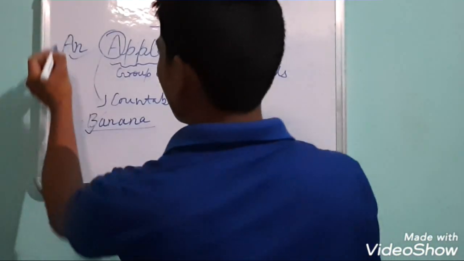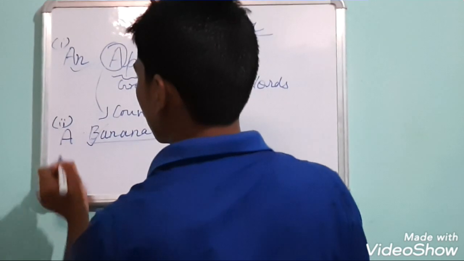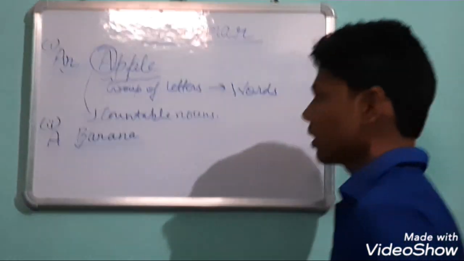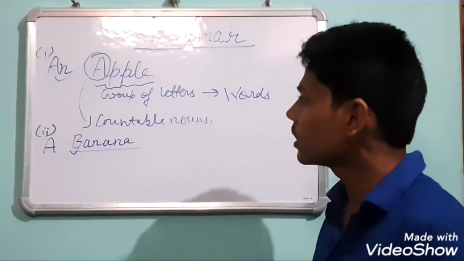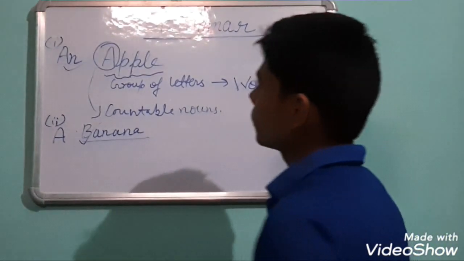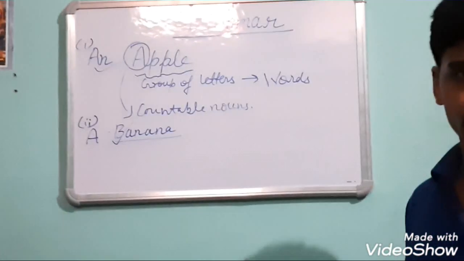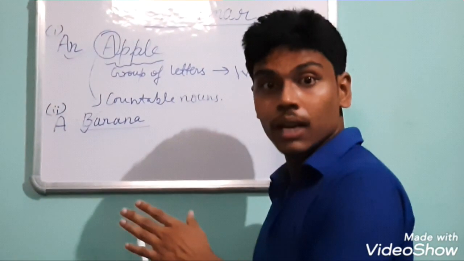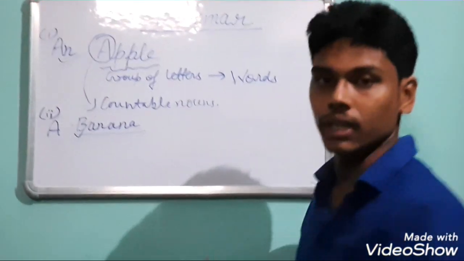Through example number 1 and example number 2, we are getting that if any word starts with A, E, I, O, U, and at the same time is also a countable noun, then we will use an before that.